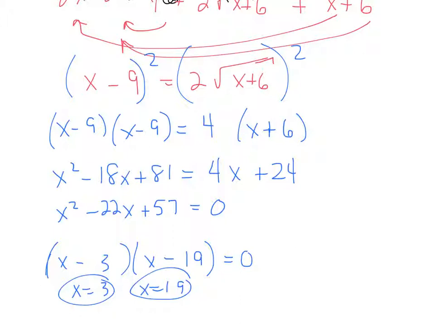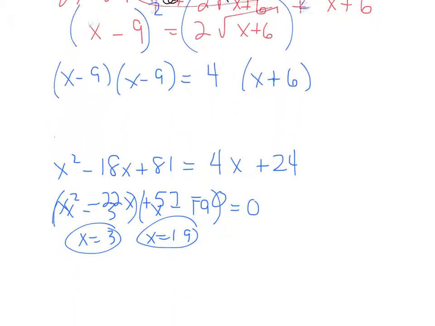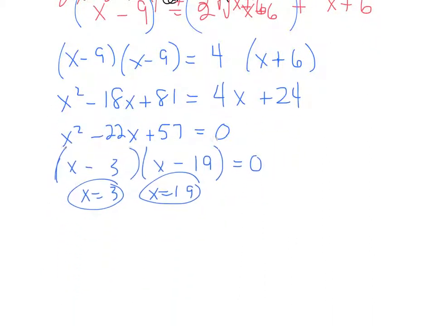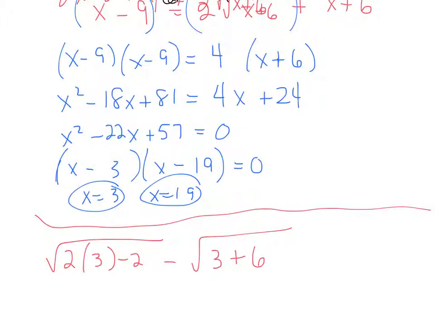We've got to check these in the original, right? Let's go ahead and check these in the original equation. We've got radical 2 times x minus 2 minus radical x plus 6 equals 1.